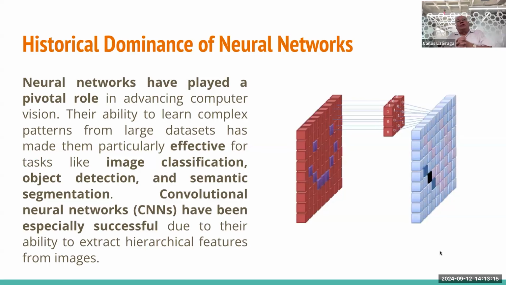Now, when we talk about computer vision, traditionally neural networks have played an important role, and they are still being used. There are some tasks where people prefer neural networks because the results are very satisfactory. Convolutional neural networks are the ones used in computer vision, and by themselves they learn complex patterns from large data sets.